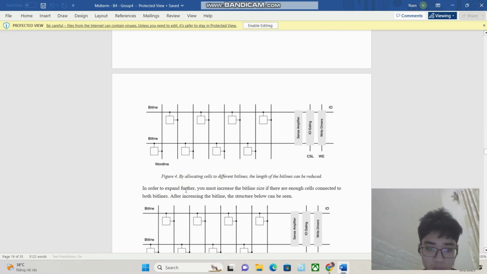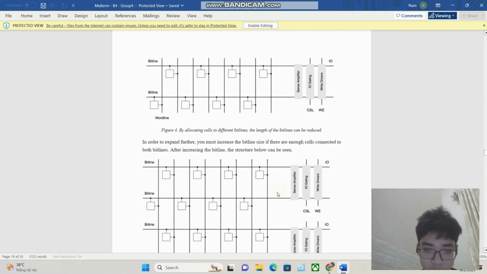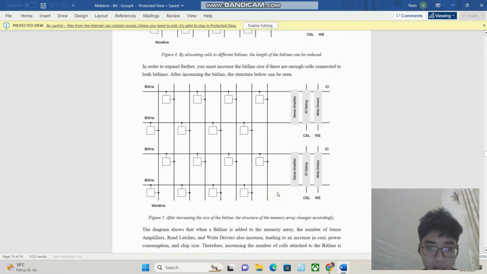In order to expand further, you must increase the bit line count. If there are enough cells connected to the bit line, after increasing the bit lines, the structure can be seen in figure 5.